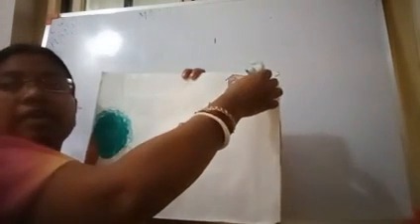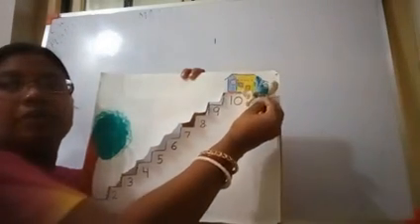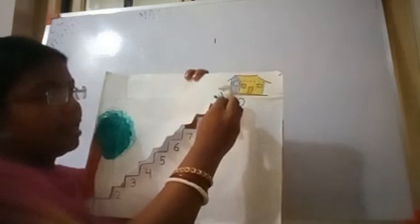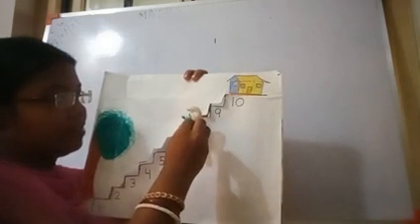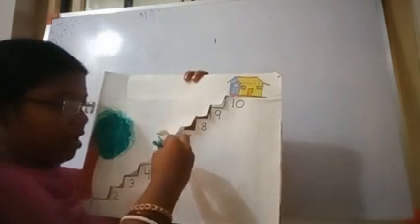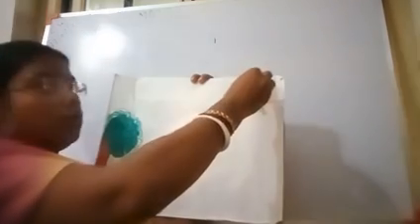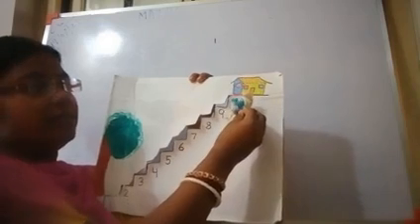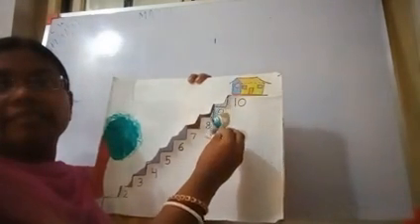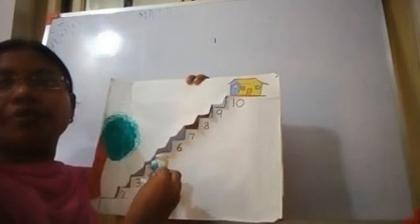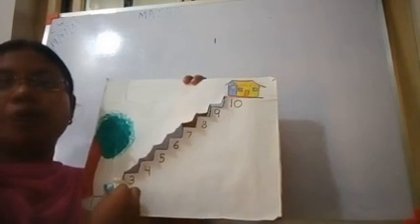Now he is coming down. When he comes down, he counts 10, 9, 8, 7, 6, 5, 4, 3, 2, 1. Again you see when he is coming down: 10, 9, 8, 7, 6, 5, 4, 3, 2, 1.